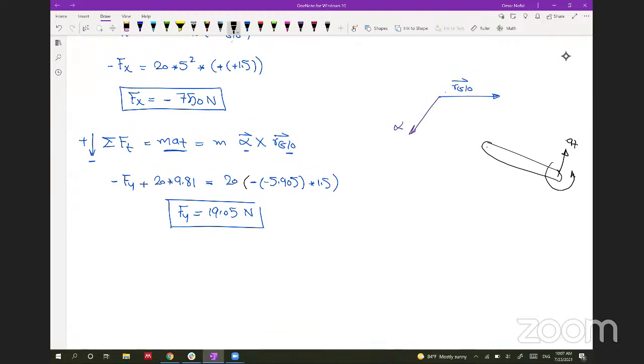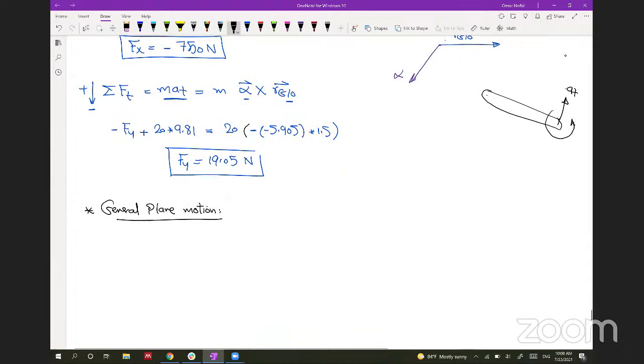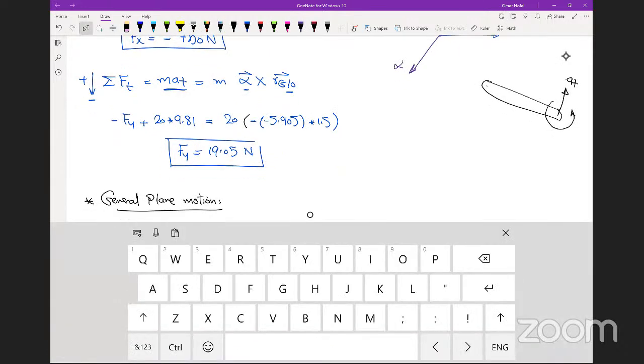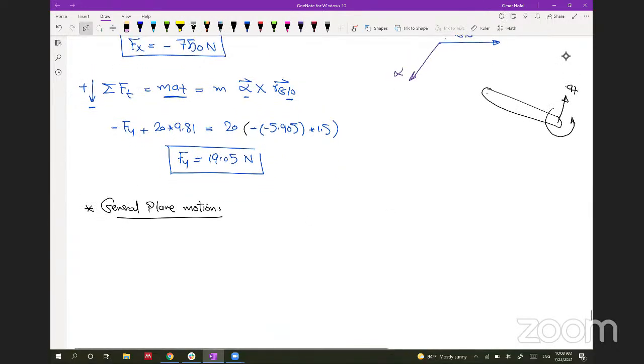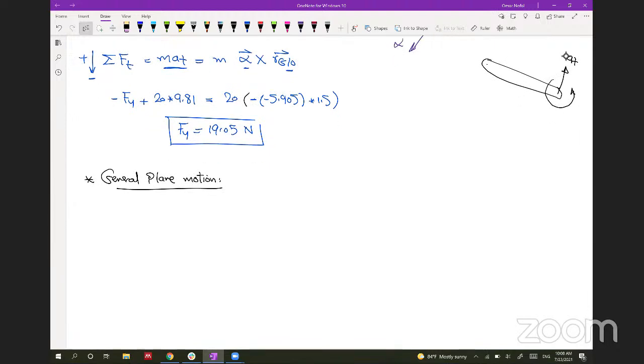Okay, I'll give some introduction about general plane motion. We know how translation looks and how fixed axis rotation looks.